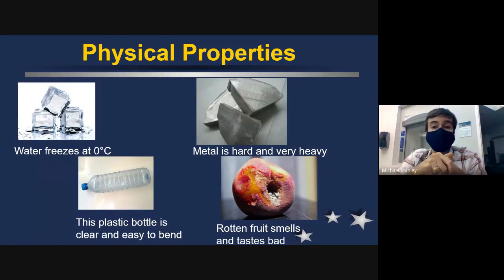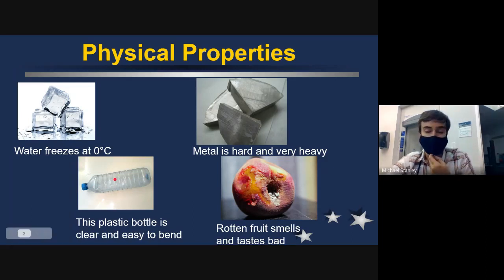So the fact that it is very bendable and kind of pliable, you can move it around easily, is also a physical property, right? Metal, not going to do that. You can't bend up this metal and twist it into new shapes, right? It's pretty tough. It's pretty hard. Whereas this is a lot softer and more squishable, more malleable.